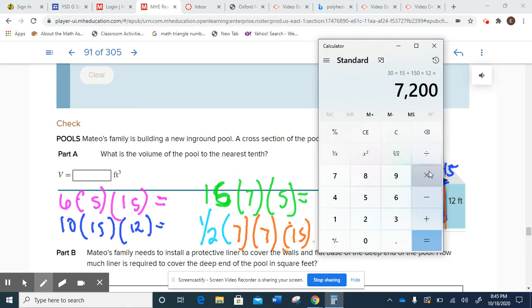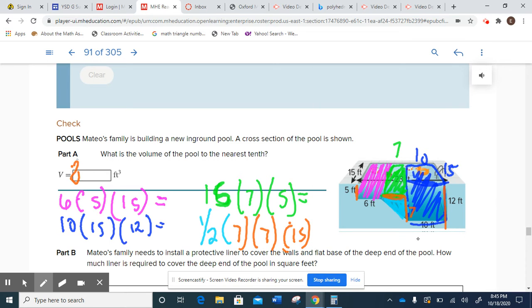Plus 35 times 15. And then add on 49 times 1/2 times 15. So this should be the total: 814,305. It's a big pool.